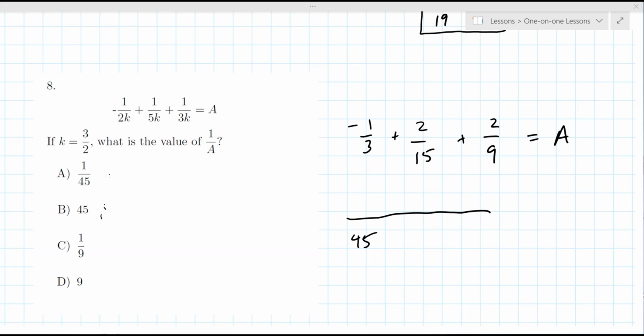Okay, so then that's 119, 45 over. Oh, what did I do wrong?